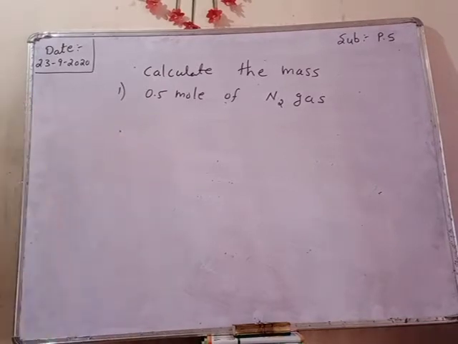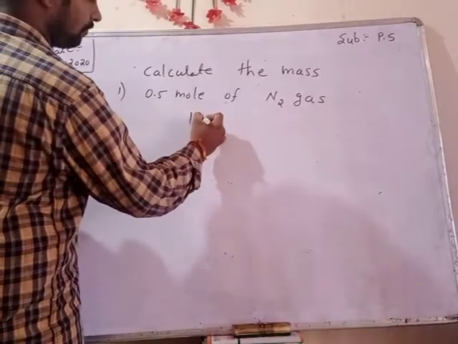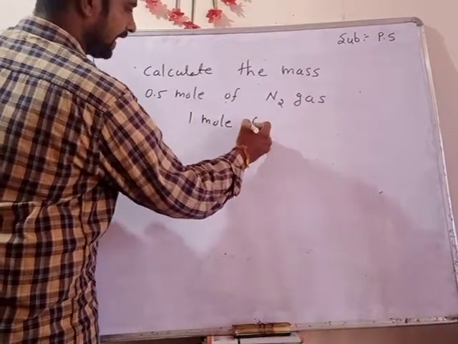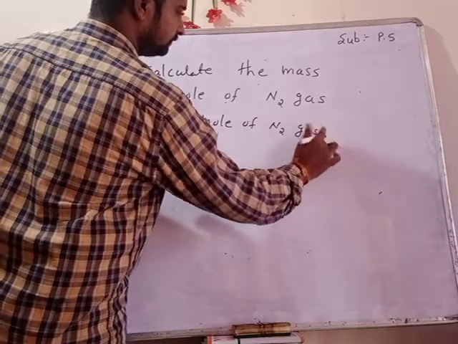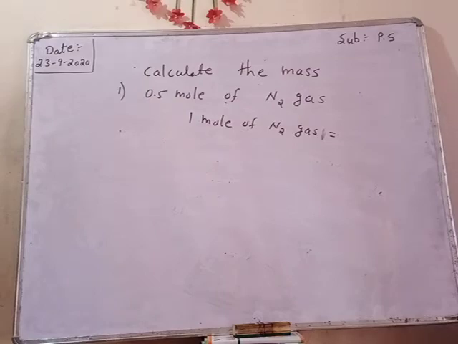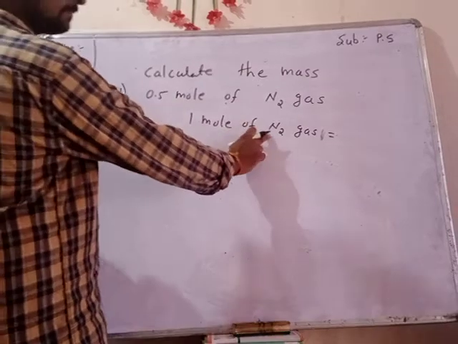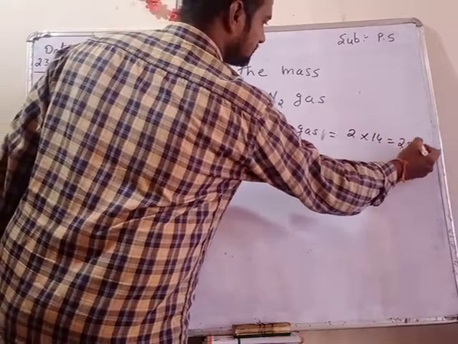How to find? First of all, 1 mole of N2 gas is equal to how many grams? Nitrogen means 14 grams. Here there are 2 nitrogen atoms, so 2 into 14 is equal to 28 grams.